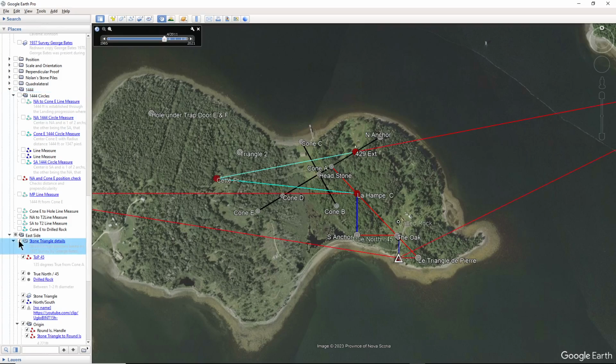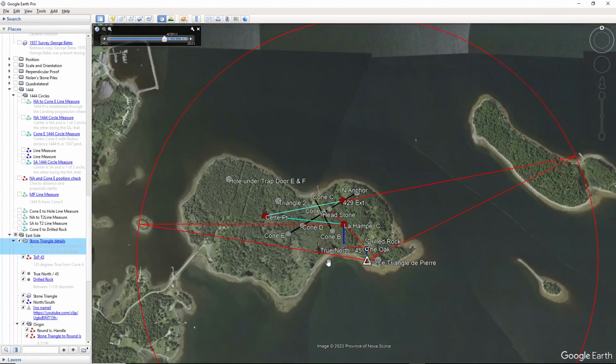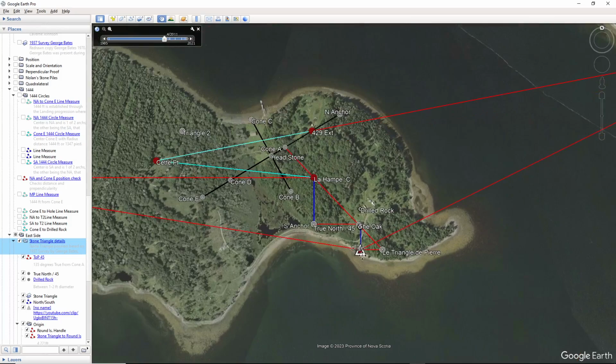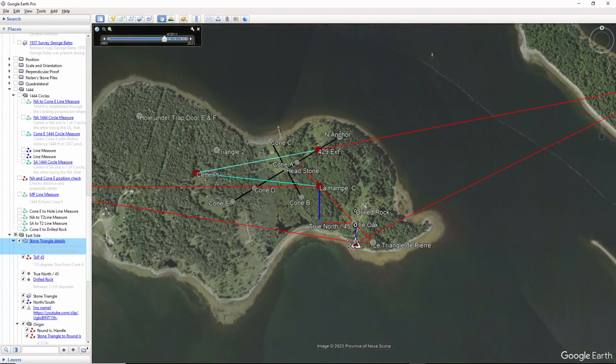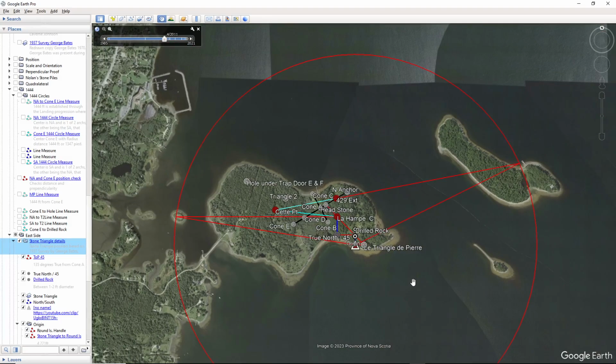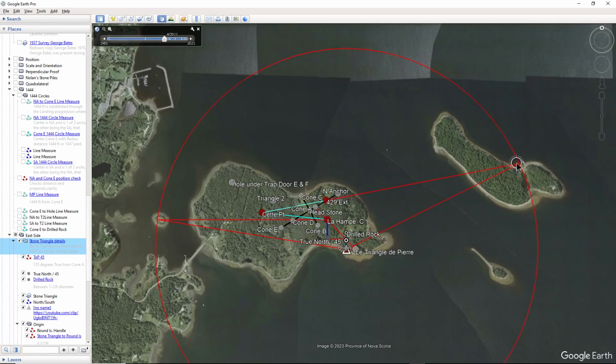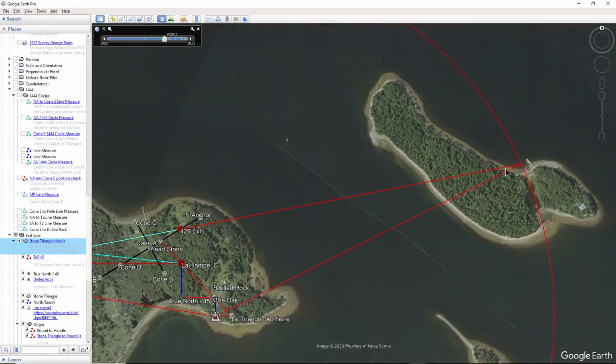It has an interesting correlation to not only the landing, but also to the 1347 scale. And if you take the position of the stone triangle as the center circle, you get this big circle that comes out. If you take it to the end here of this line, which was the line that extended to Frog Island.